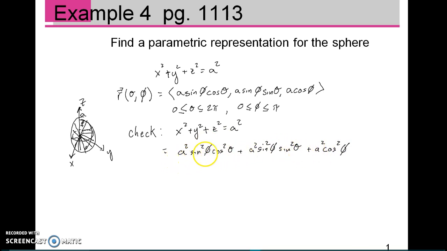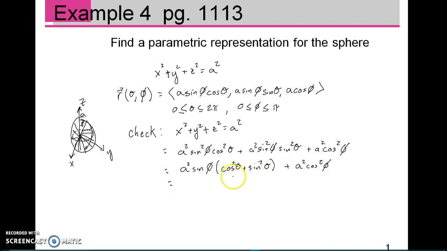So what I'll do here is look at this first part and pull out a squared sine squared phi, and we end up with cosine squared theta plus sine squared theta, and bringing down the a squared cosine squared phi.